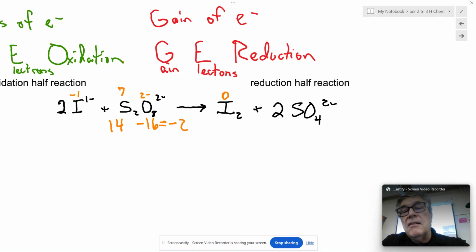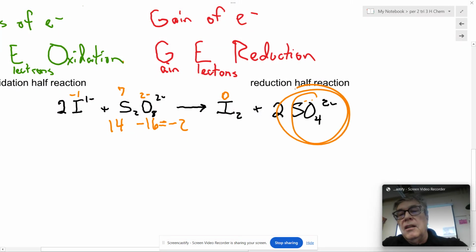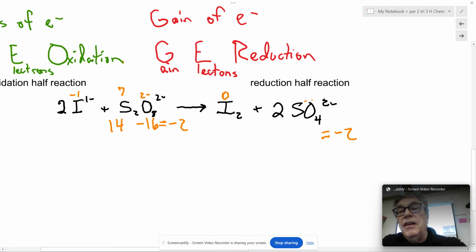Now we're going to look at the sulfate. We're going to go to this ion, and we're going to look at its total charge is 2 minus. So that means the sum of the oxidation states for sulfate is -2. So we've got oxygen. Oxygen is 2 minus. What is 4 times 2 minus? -8.